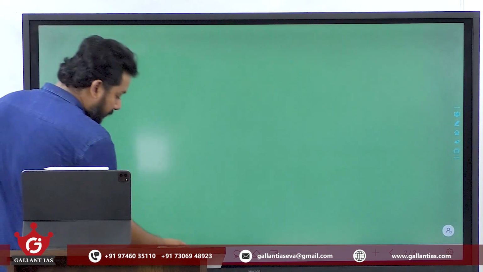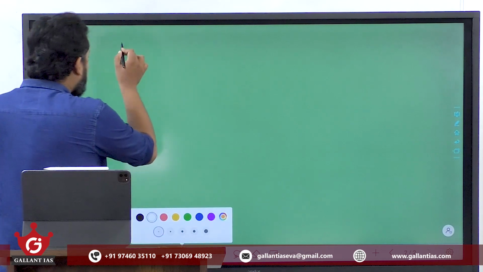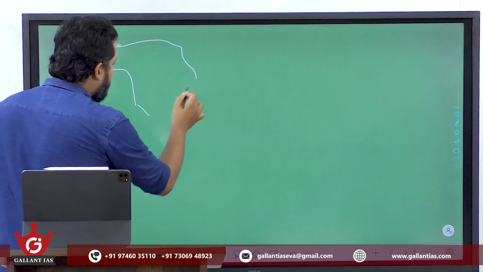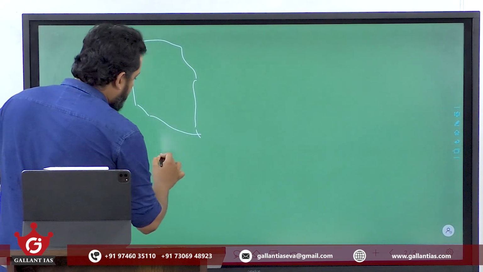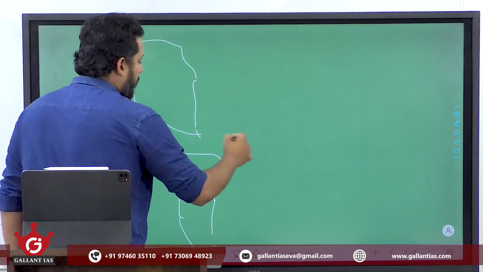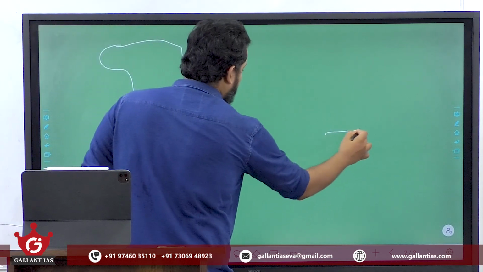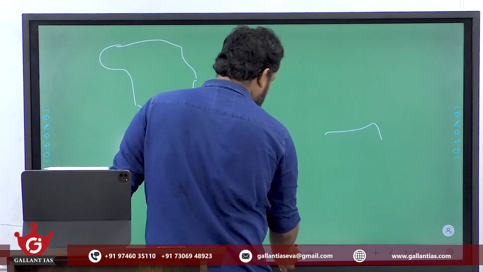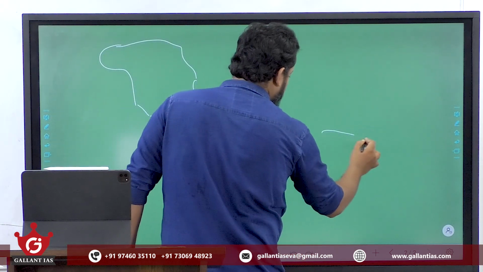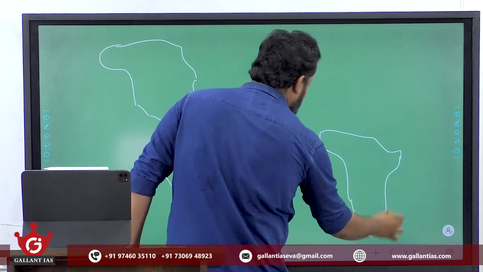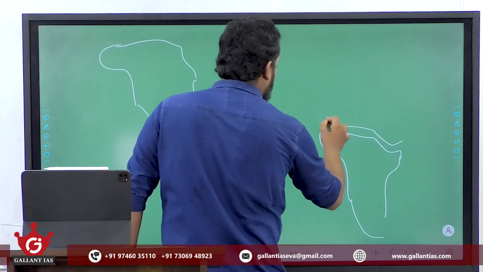Suppose this is the North American region. Here we have South America. Here we have Africa. And here we have Asia.